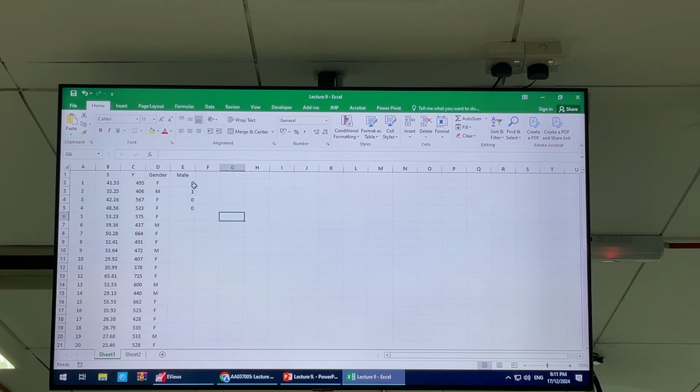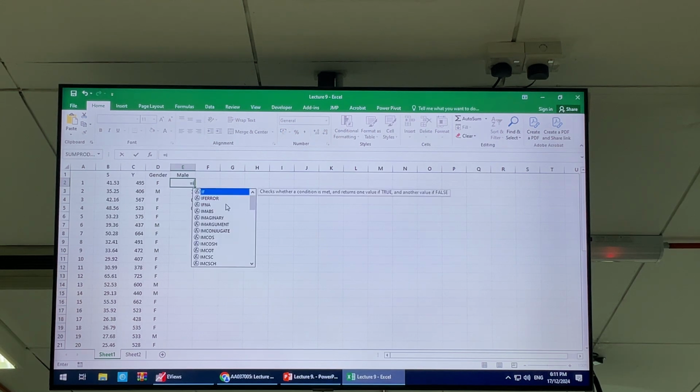Alternatively, if you have data in Excel like this, you can use a function to create that variable. You can use the IF function. So if this cell equals M, for male first, then it is equal to 1, if not equal to 0.